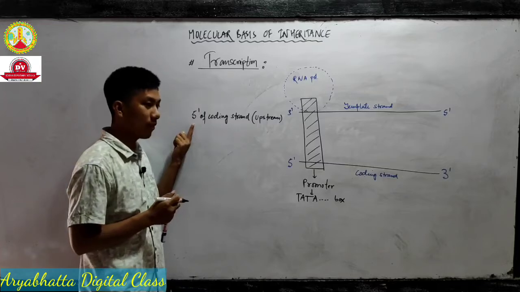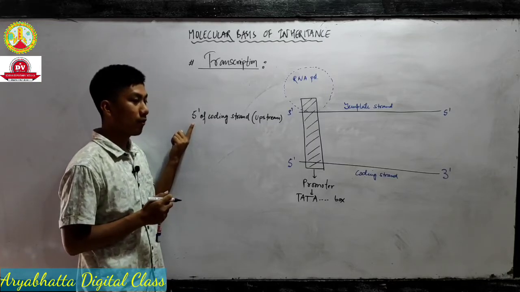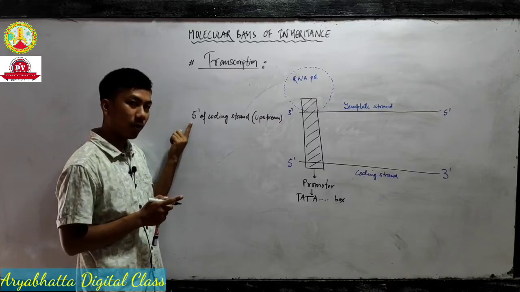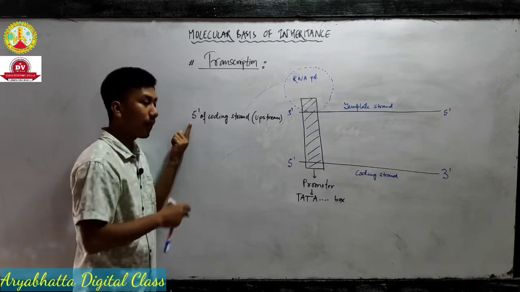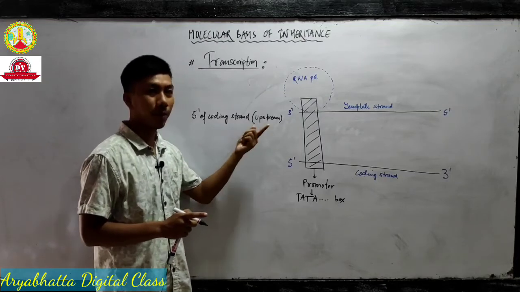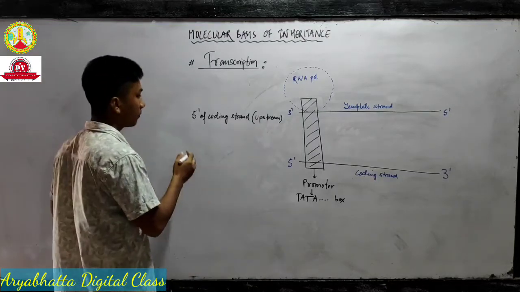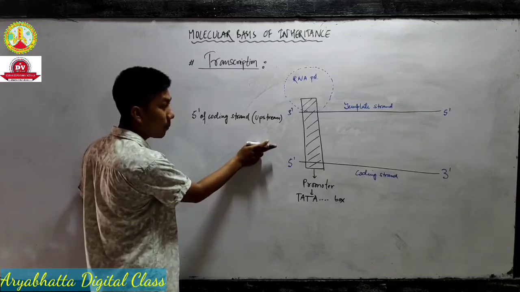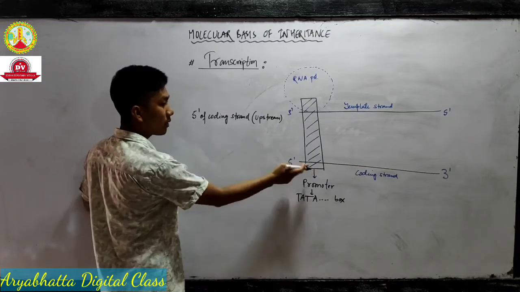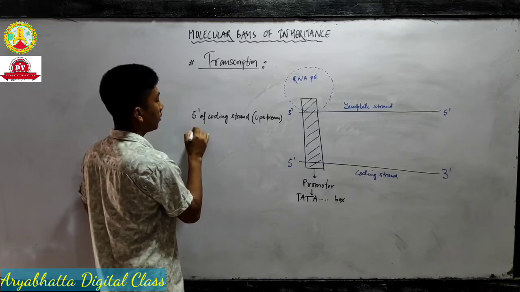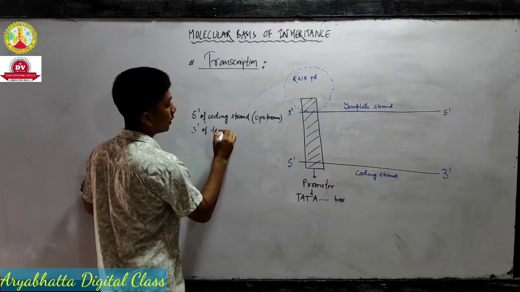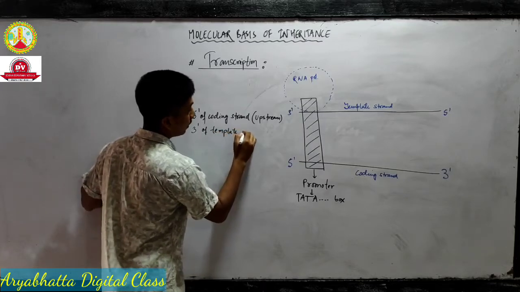So whenever you come across a 5 prime, always remember the binding of the promoter at the 5 prime is always upstream. We call it upstream. Just remember. The promoter is present at the 5 prime of the coding strand, upstream, towards the 3 prime of the template strand, downstream.